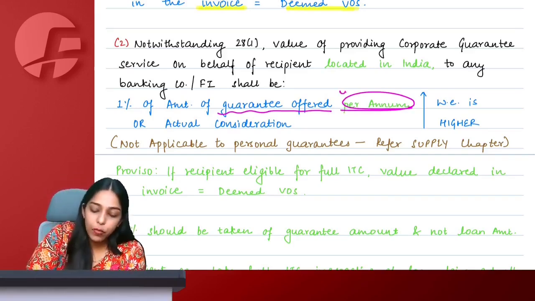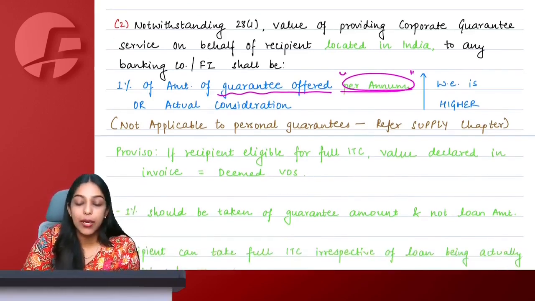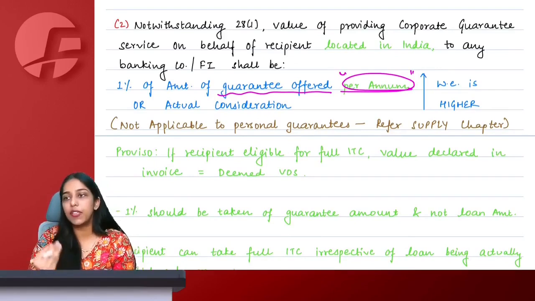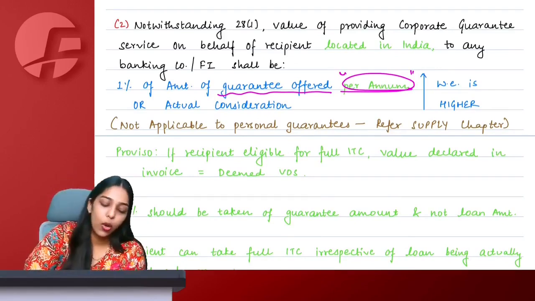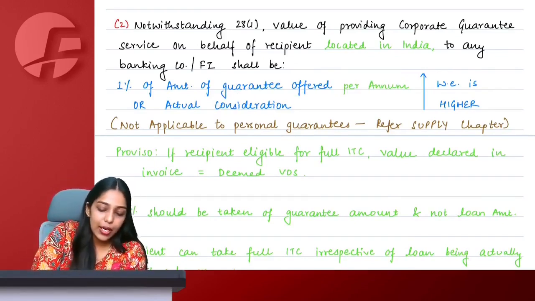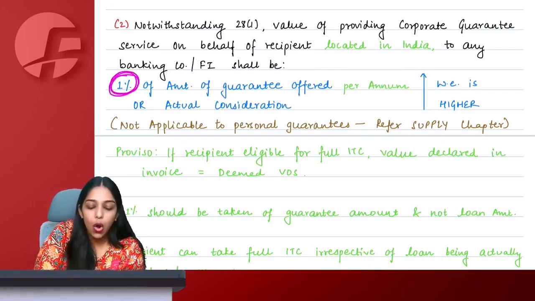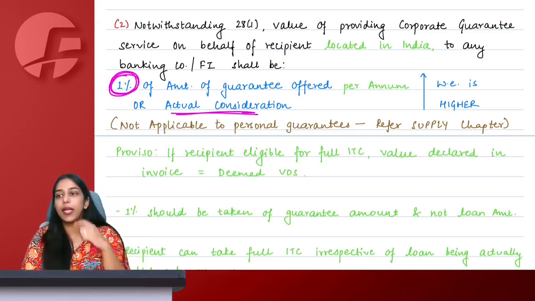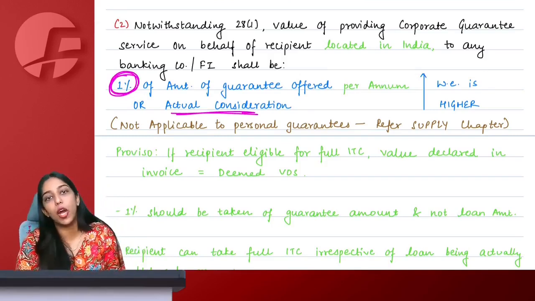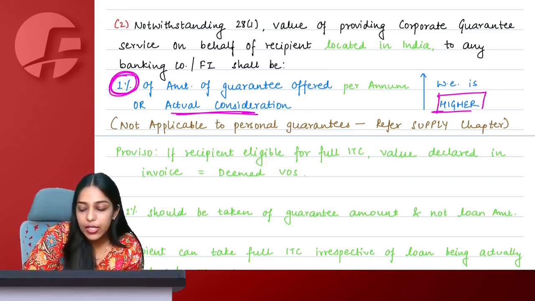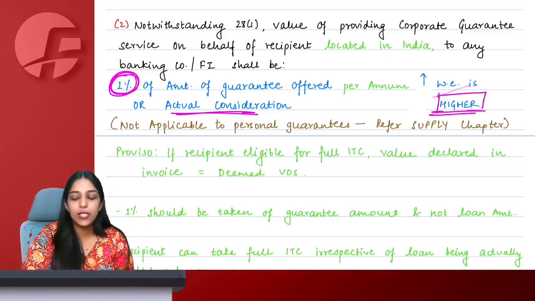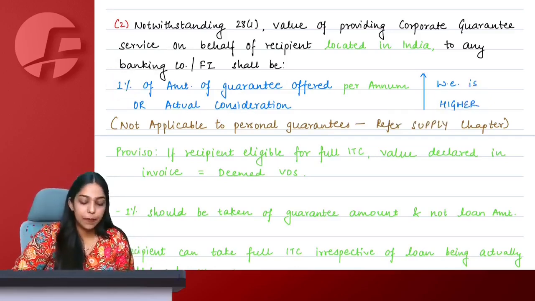This per annum word is also now added via amendment. I will explain the significance of the same in the next 2 minutes. So whatever is the guarantee offered per annum, 1% of the same, or what actual consideration my related company is charging to give me the corporate guarantee, whichever is higher will be taken as the value of supply.